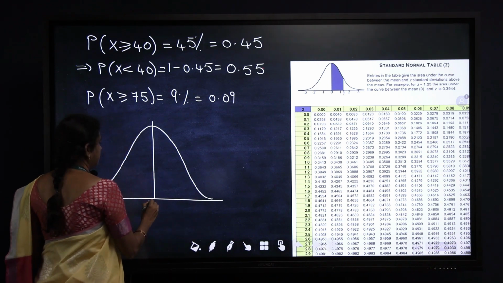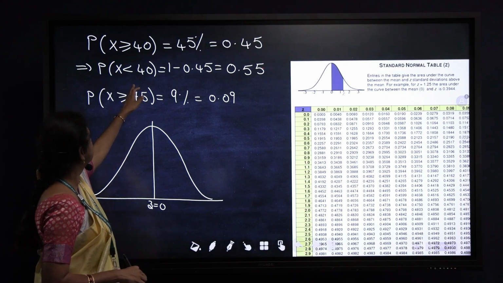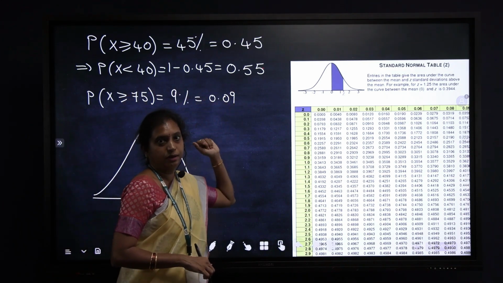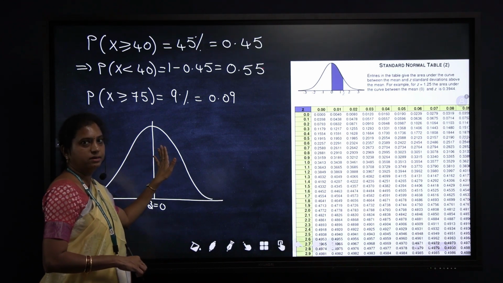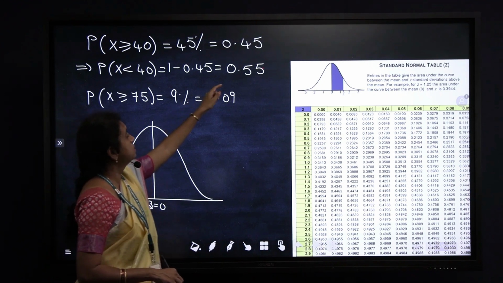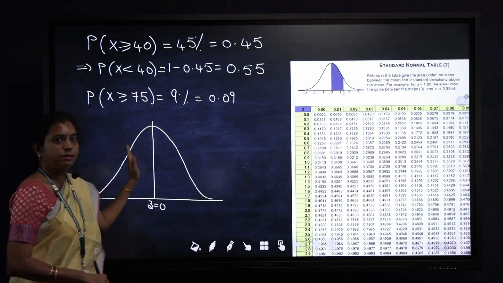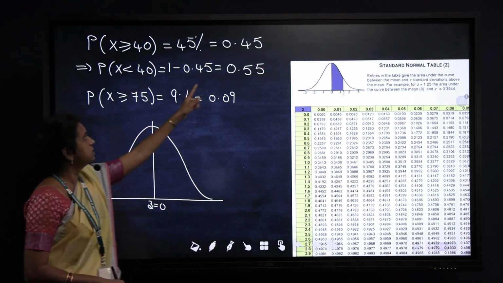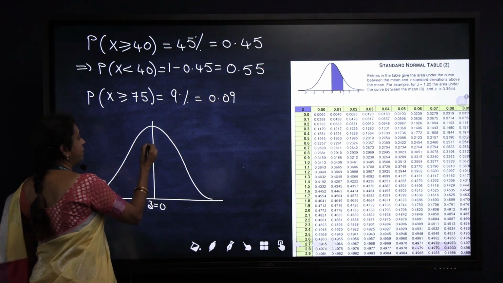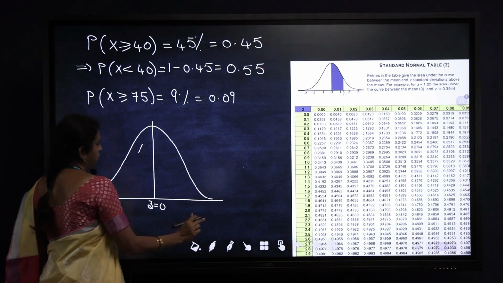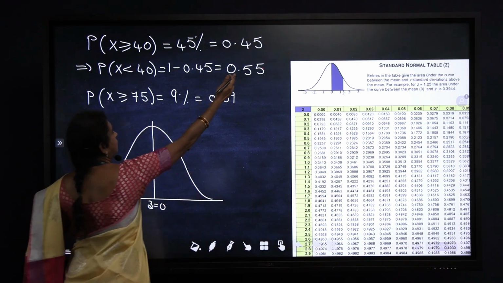Now here z is 0 and here we have the value x less than 40 as 0.55. Right? Like discussed previously, this side area is 0.5 and this side area is 0.5. Now 0.55 means what? Since it is less than, the area will be on the left hand side, and since it is 0.55, which is more than 0.5, the whole area on the left hand side is covered, and on the right hand side a part of that is covered.